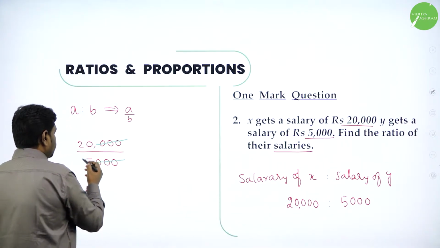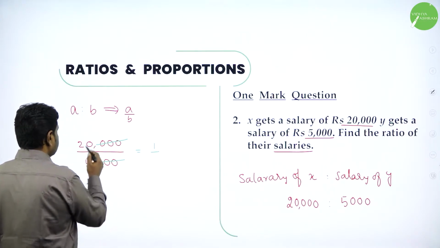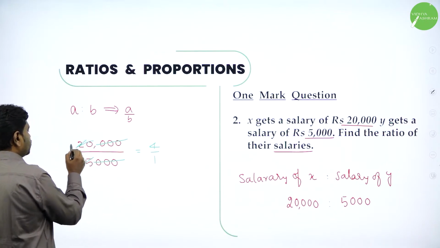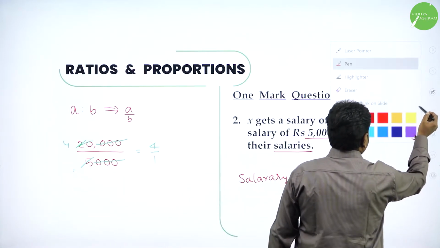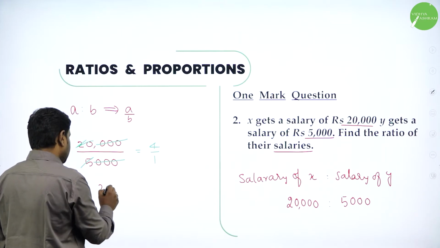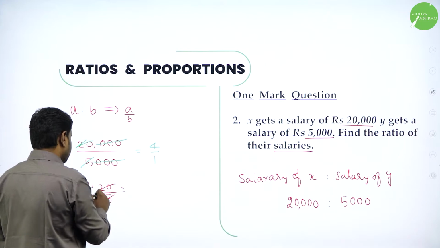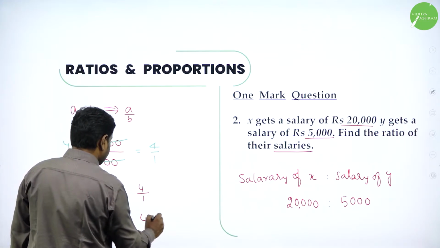Further 20 by 5. 5 ones are 5, 5 fours are 20. So 20,000 is to 5,000 becomes 20 by 5. So it will become 4 by 1. So ratio is 4:1.